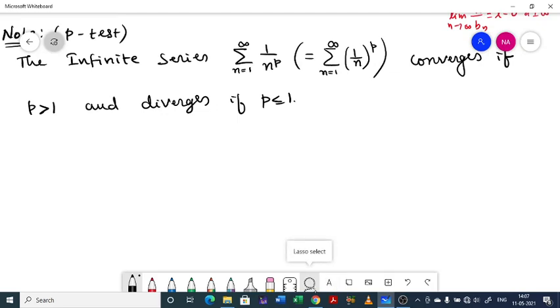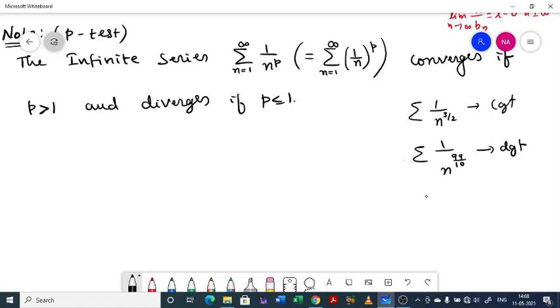For example, you can check here. If you consider the series summation 1 by n power 3 by 2, then this is a convergent series. If you take summation 1 by n power 99 by 100, then this series is divergent.